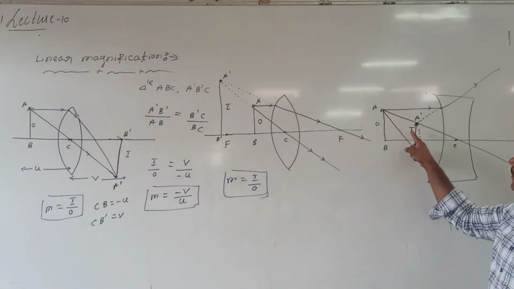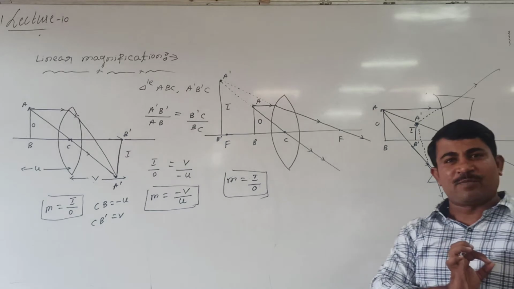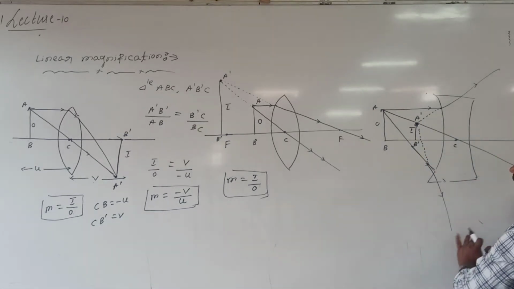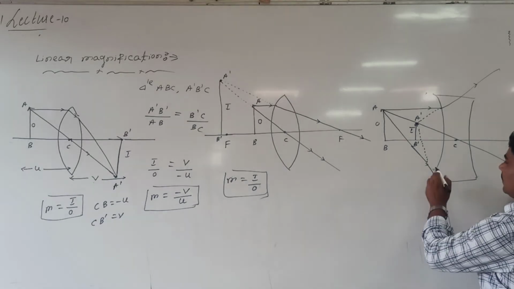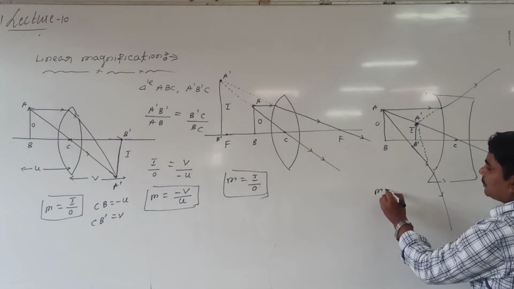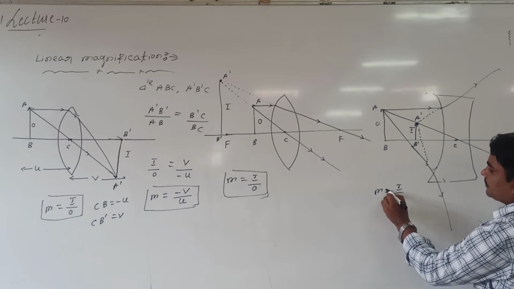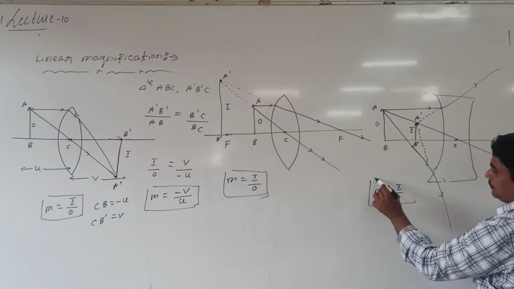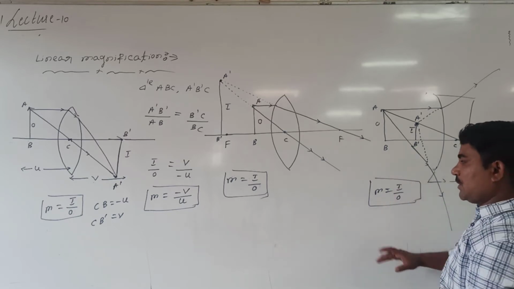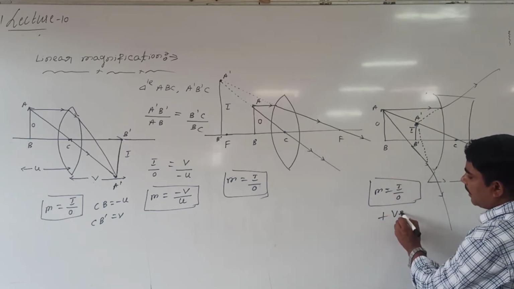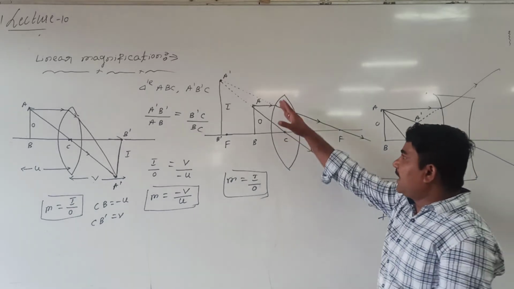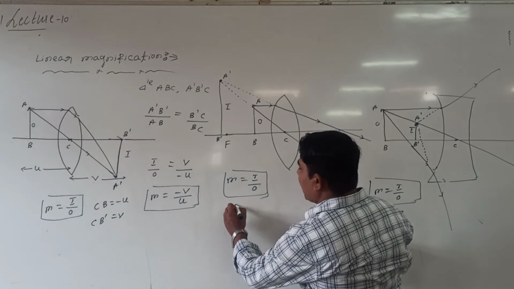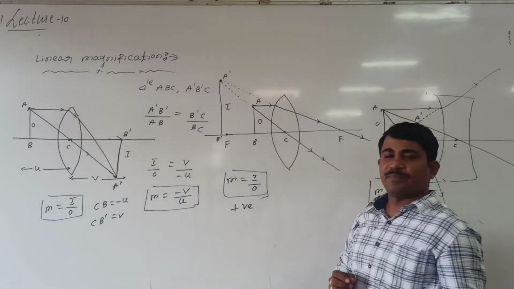Distance measured upward, perpendicular to the principal axis, is taken to be positive. So how do we take linear magnification? It is the ratio of the size of the image to the size of the object, with upward distance taken to be positive. So linear magnification is always positive for a concave lens. If the lens is convex and the image is virtual, linear magnification is positive.